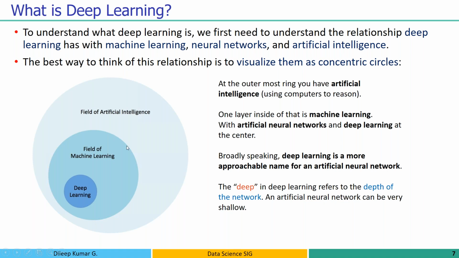So machine learning is the heart of artificial intelligence, and a specialized part of machine learning is called deep learning. You can have a set of layers between input and output, so that your output prediction is done fast and with higher accuracy. So this is the relation between deep learning, machine learning, and artificial intelligence.